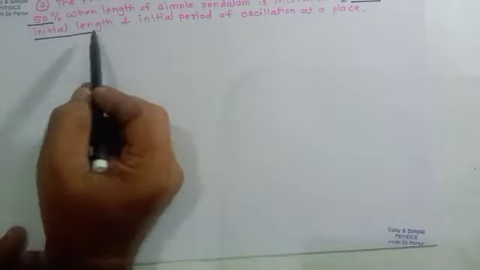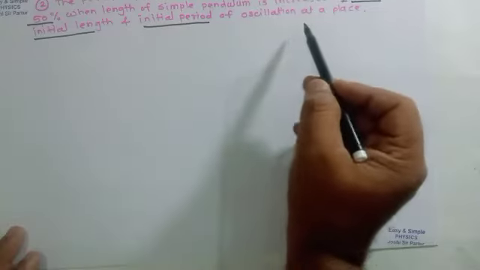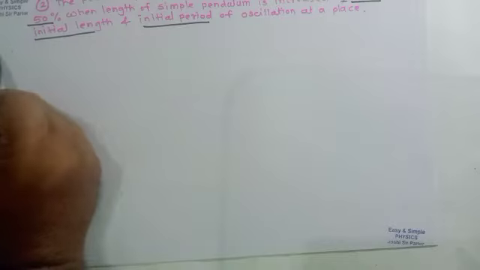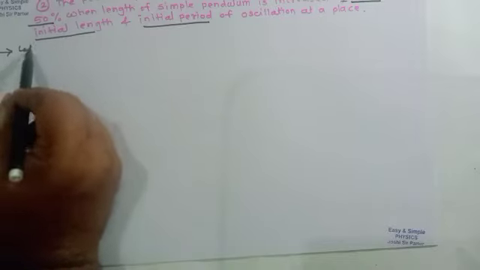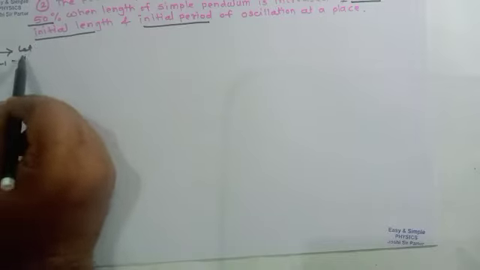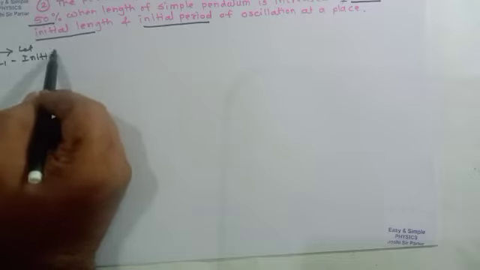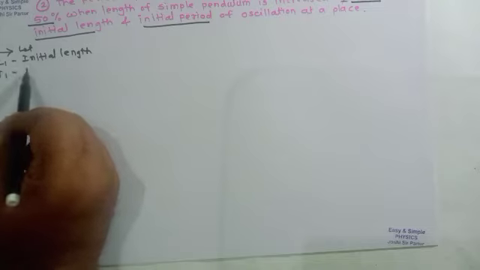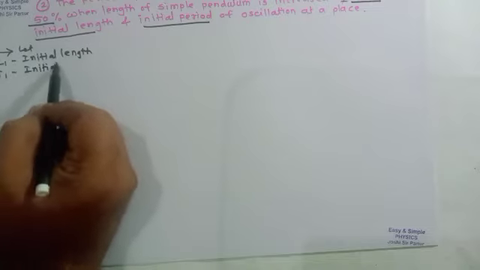Calculate again the initial length and initial period of oscillation at that place. Here let L1 be the initial length and T1 the initial period.